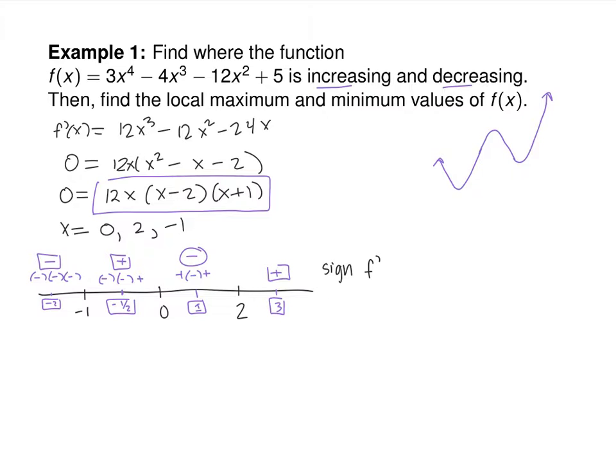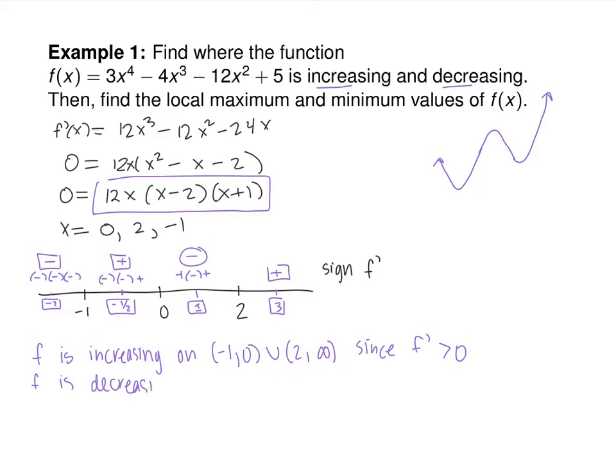Okay, so you need to actually tell me where the function's doing what. So the number line is your work, not your answer. f is increasing where? And 2 to infinity. And the reasoning is since f prime is positive. f is decreasing where?